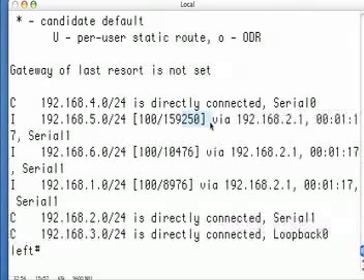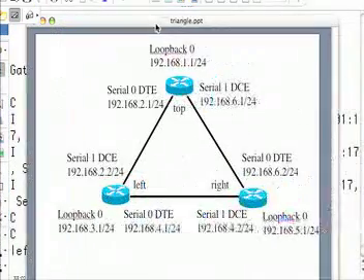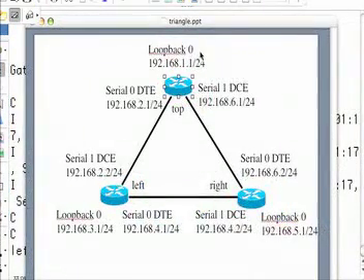And you see this one has an administrative distance of 100 since this is IGRP. So we are halfway done with our migration. We now have IGRP running on the left routers. We have RIP running on the right router. The top is redistributing.